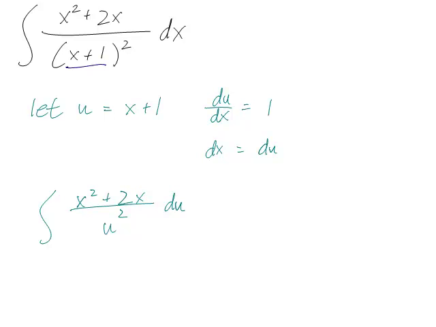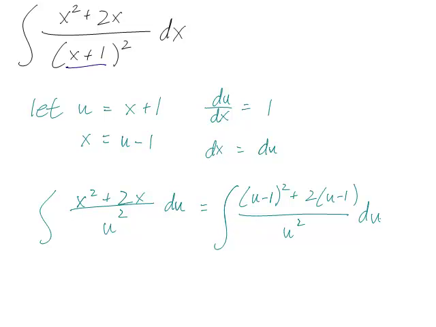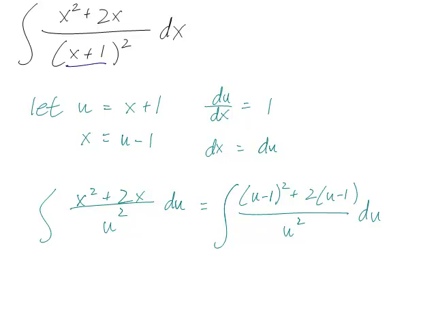So we can get rid of them by using this equation here, u equals x plus 1, or x equals u minus 1. So this is actually the integral of (u minus 1) squared plus 2(u minus 1) over u squared du. It looks worse than before, but it is actually much better than before.